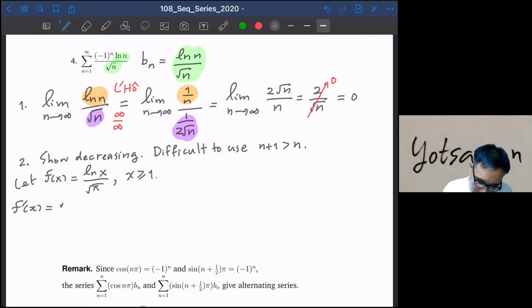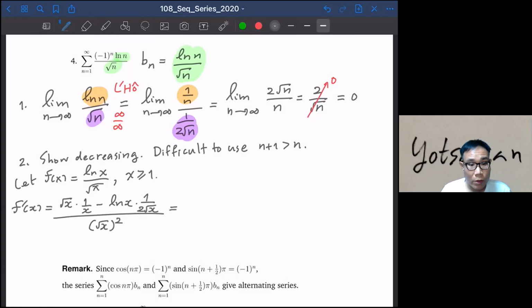So you have the bottom times the derivative of the top, minus the top times the derivative of the bottom. So it's going to be 1 over 2 root x, over the bottom squared. So you would get 1 over root x minus log x over 2 root x, over x.